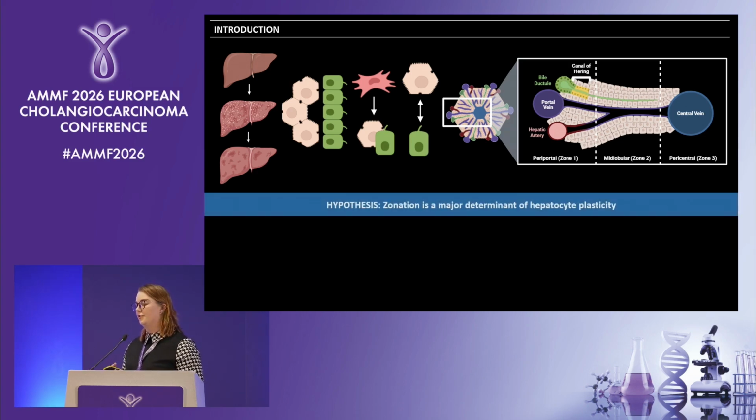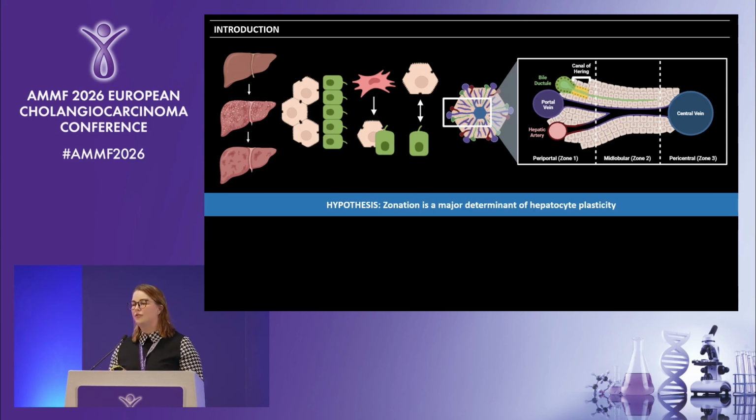So the null hypothesis of my PhD was that zonation is actually a major determinant of hepatocyte plasticity. And more specifically, I proposed that the periportal and pericentral hepatocytes differed intrinsically in their ability to undergo this transdifferentiation because they were at the different ends of the poles of these lobules.